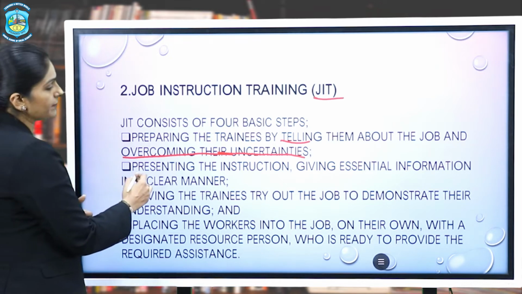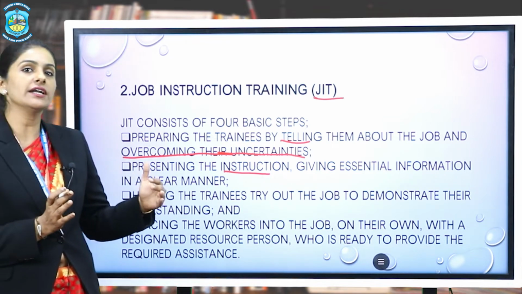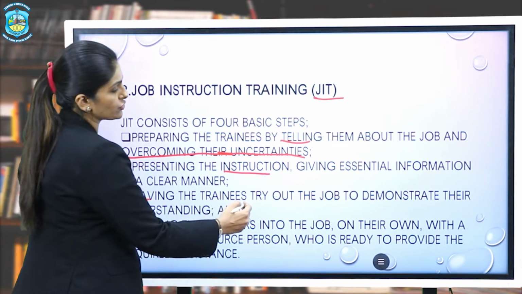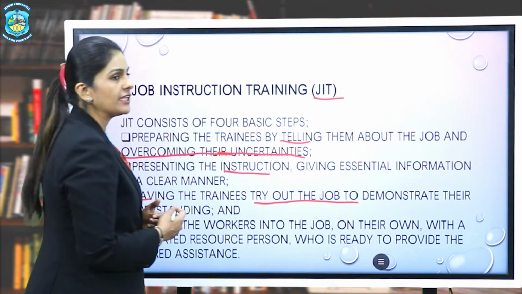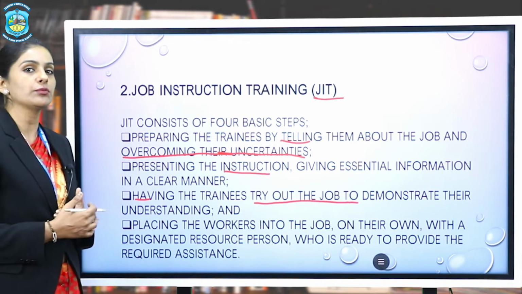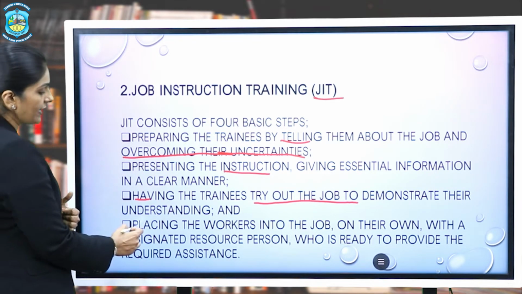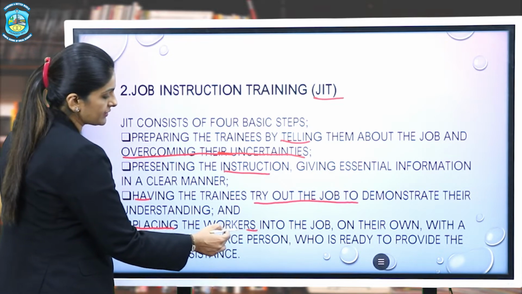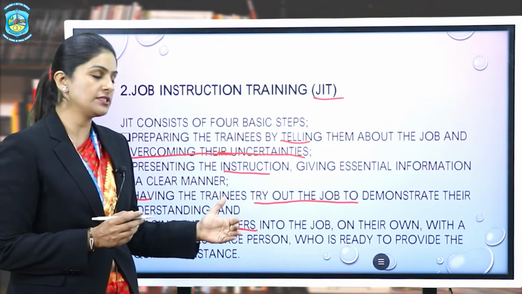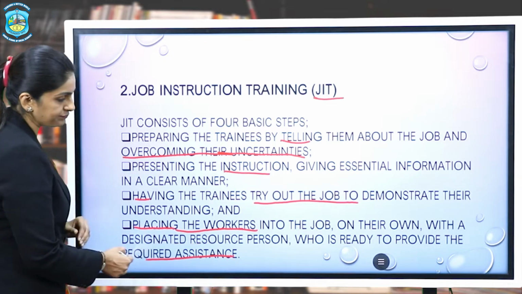You present the instructions and give them essential information in a very clear and prescribed manner. In JIT, you have the trainees try out the job, either through demonstrations or by showing their understanding, and make the training clearer for them. Finally, the worker is placed into the job on their own with a designated resource person who is ready to provide the required assistance.